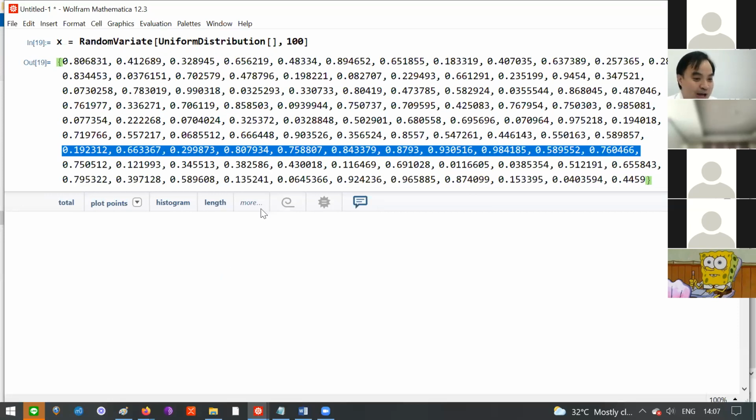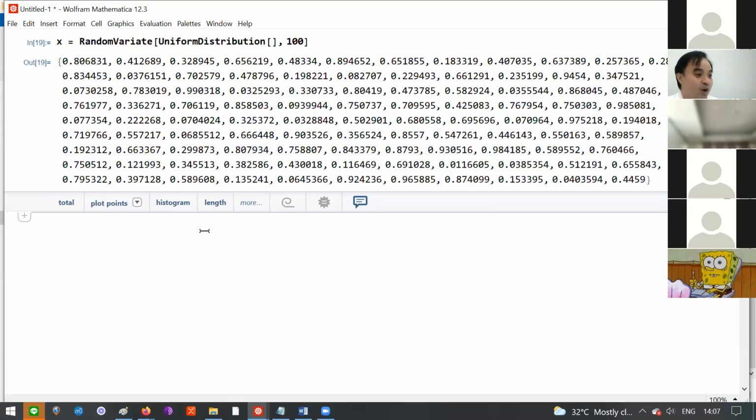So a 10-fold validation would be using different blocks of 10%. A 5-fold validation would be using different blocks of 20%. An 8-fold validation would be 8 different blocks of 12.5%.